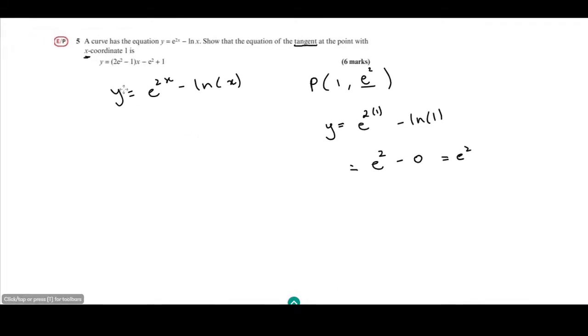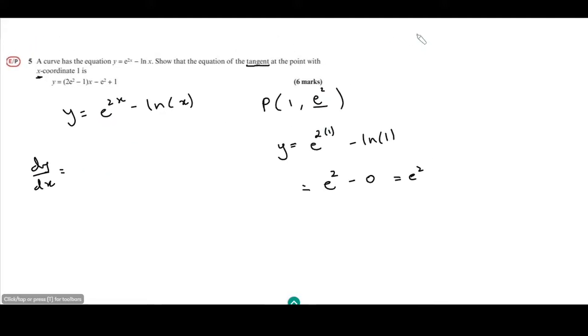Okay, so now again, because we want to find the equation of the tangent, a good first step would be to find the gradient of the curve at the point where x equals 1 and y equals e squared, like we've just found. So dy by dx is, okay, and the derivative of this, again, I'm not going to teach this, but if you have something of the form e to the kx, the derivative would just be k e to the kx, where you can replace k with any number.